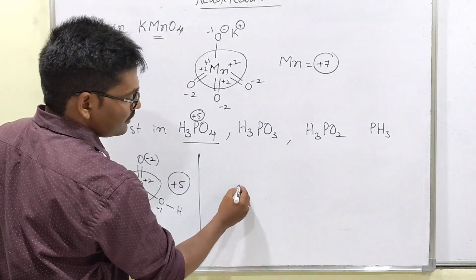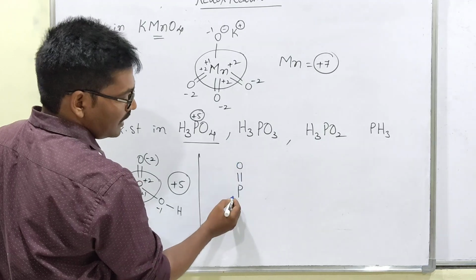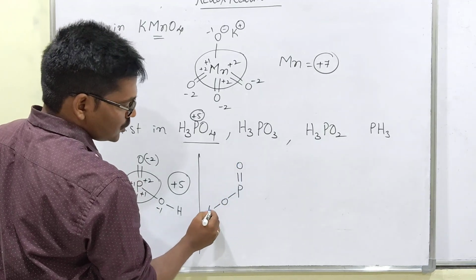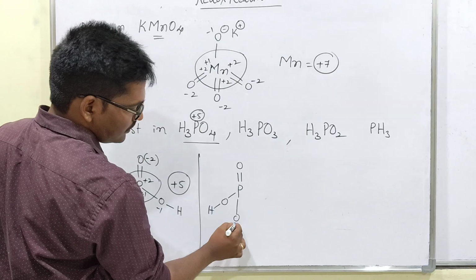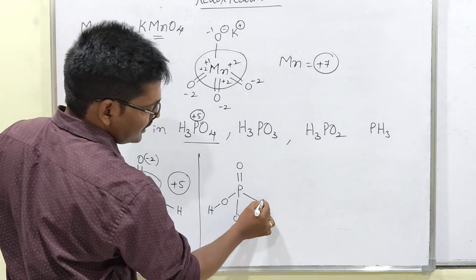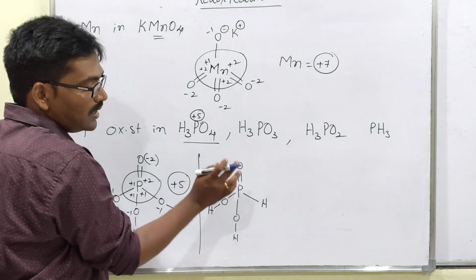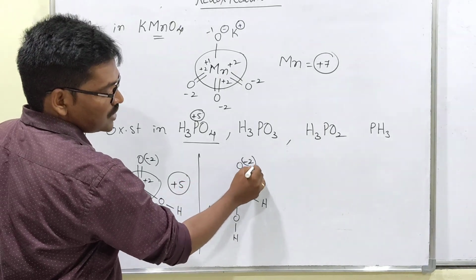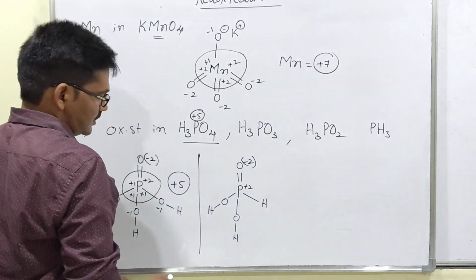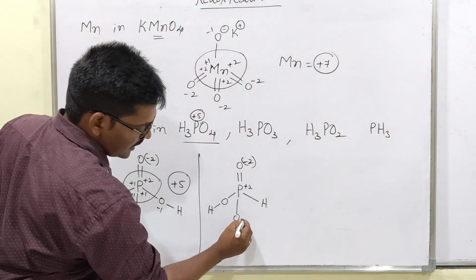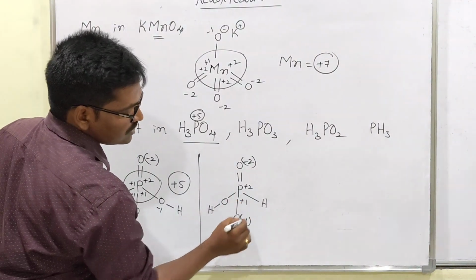Then one more, if you take H3PO3. The actual structure of H3PO3 is P double bond O, then OH, then OH, then H directly attached. Now look, in between phosphorus and oxygen a double bond is there, then -2 oxidation state here, then +2 oxidation state. Then here -1 oxidation state, then +1 oxidation state.